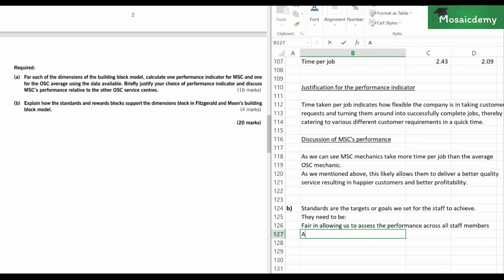They must be achievable so as not to demotivate staff from attempting to achieve them, right?